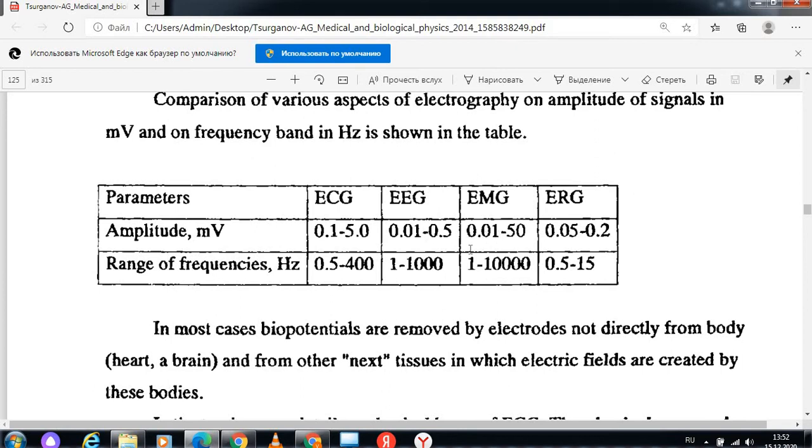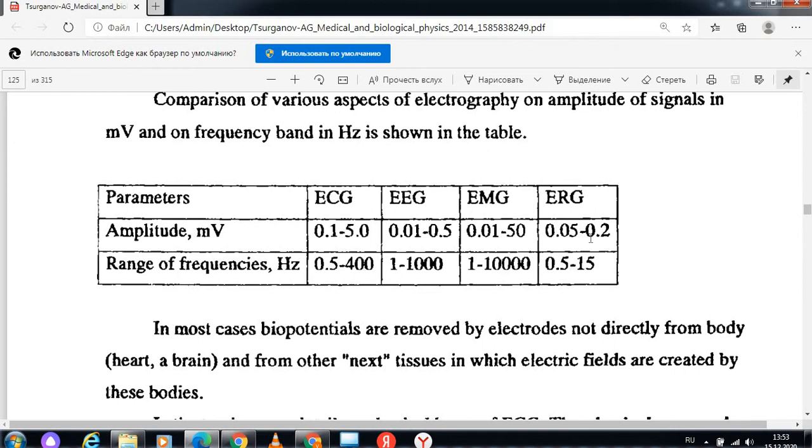Electroencephalogram and electromyography are working with the same starting amplitude, but they differ at the ends of this range of the amplitude in millivolts, and we have a different range of the frequencies in Hertz here.